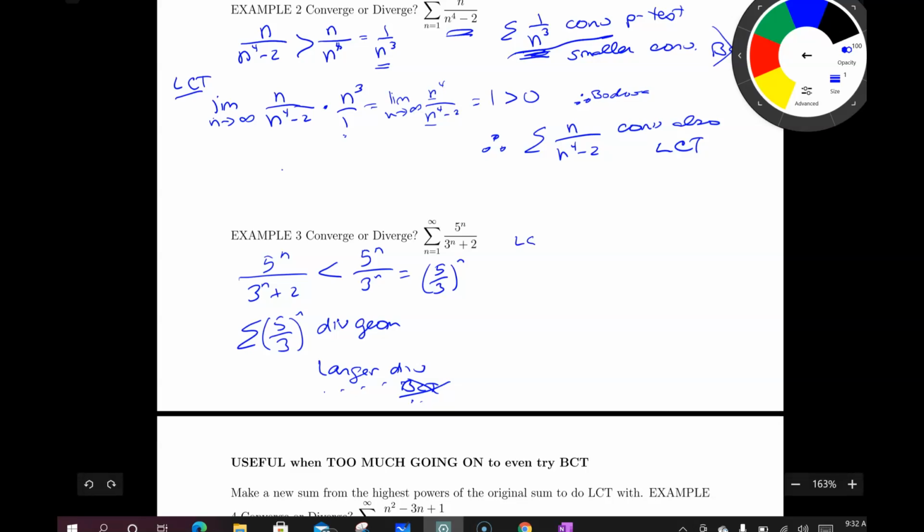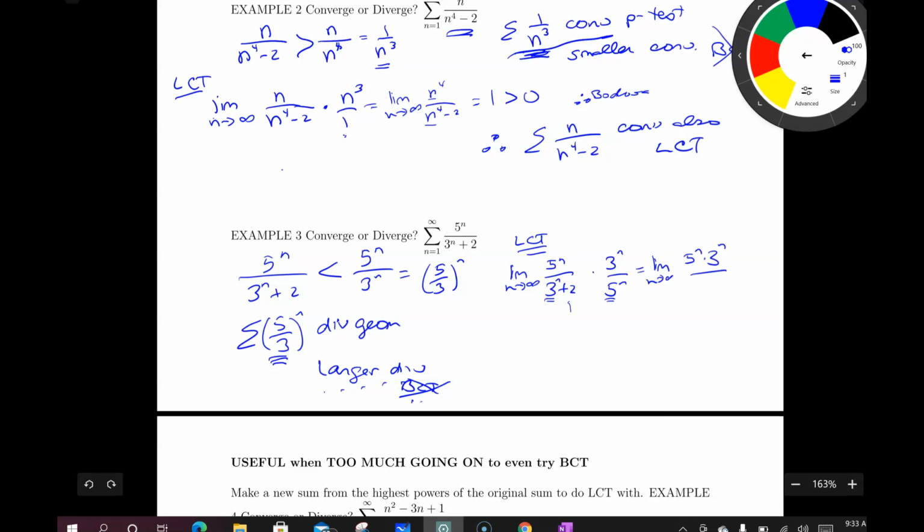So now I'm off to do the limit comparison test. I take the limit as n goes to infinity of the original, and then I'm going to multiply by the reciprocal of this, right? 3 to the n over 5 to the n. Let's see what happens here. So I have 5 to the n times 3 to the n, and I'm taking highest power.